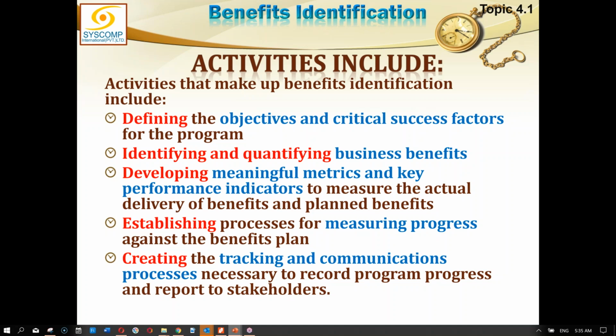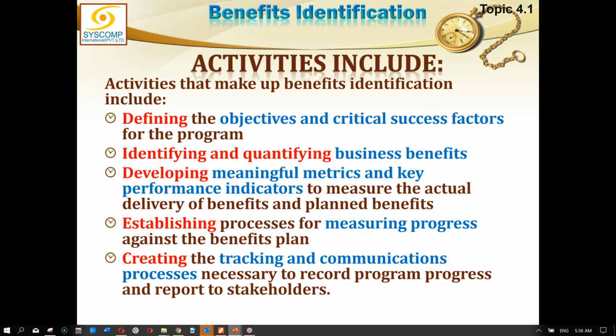Another way of doing it is key performance indicators. With key performance indicators, we look at certain capacities and capabilities and define that if a certain situation occurs, that would indicate the achievement of this benefit.